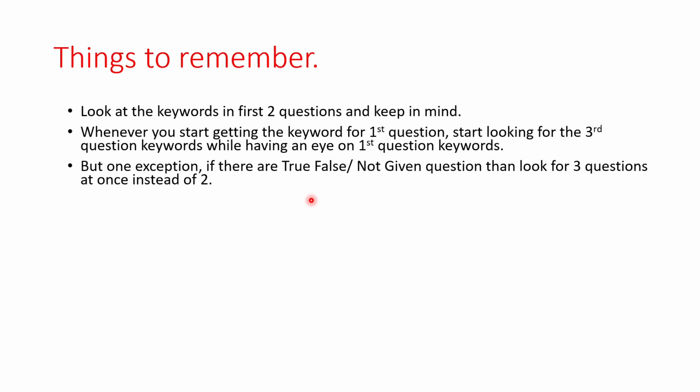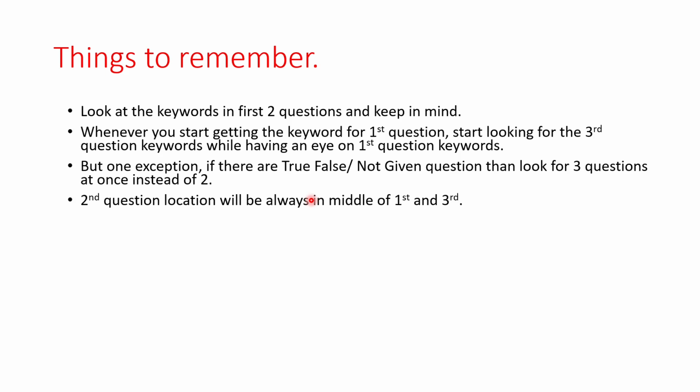So guys, the next point is that the second question's location will always be in the middle of the first and third question. What I mean to say is, if you are unable to find the second question right now, but you are getting the third question's keywords, then always look back. The second question's keyword should be there in the middle of the first and third one.